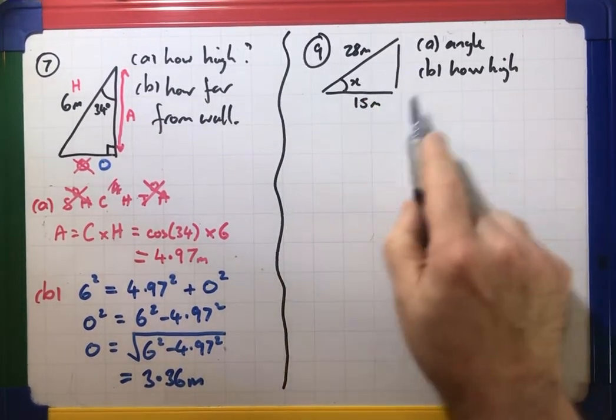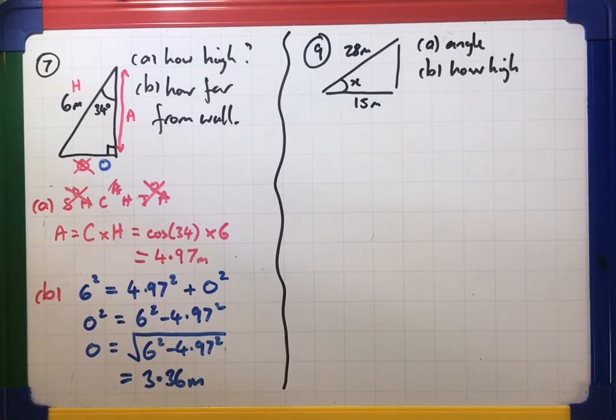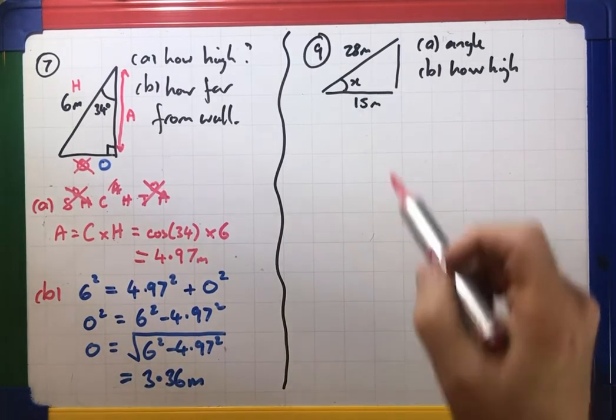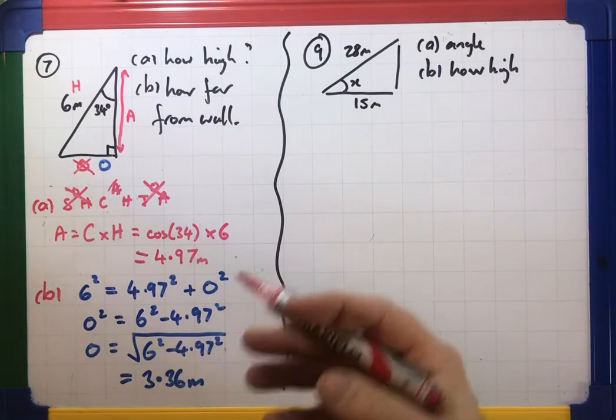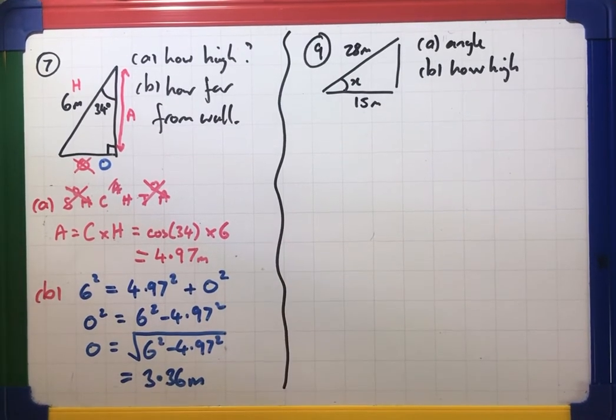Going to do a similar thing here. This time though, with question 9, it's asked me to work out an angle. Now remember that if we're doing trigonometry, if it's an angle we're after, the last step is we work out the inverse sine or the inverse cos or the inverse tan.